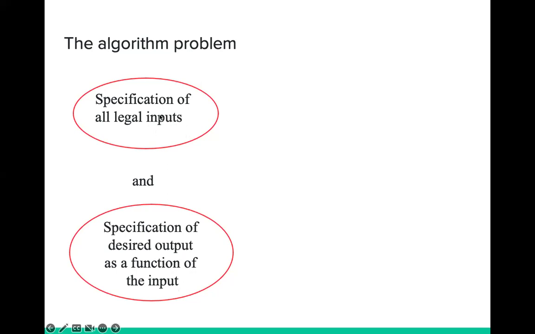So if what we want to look for is the location of the largest integer, it means that the inputs should be of integer data type, not float or double or a sequence of characters. Once we have identified the legal inputs, then we can use an algorithm to provide us the desired output.